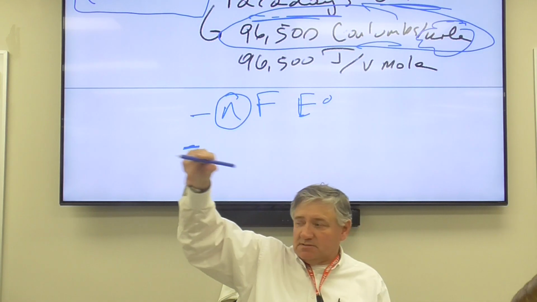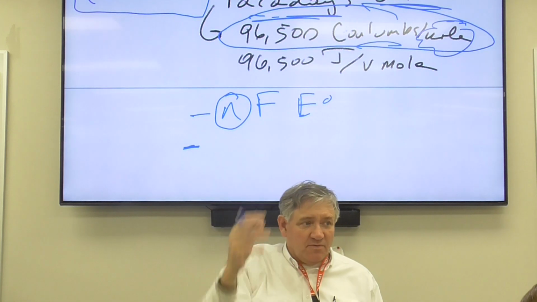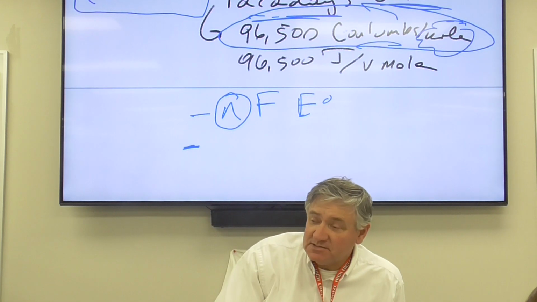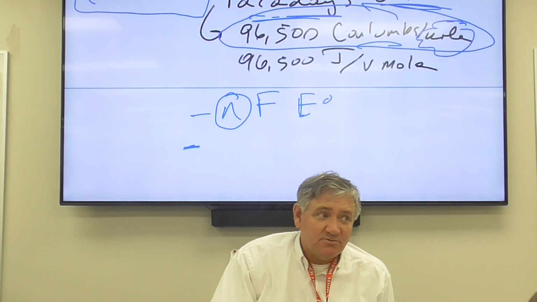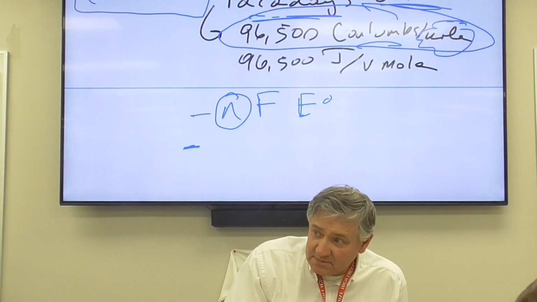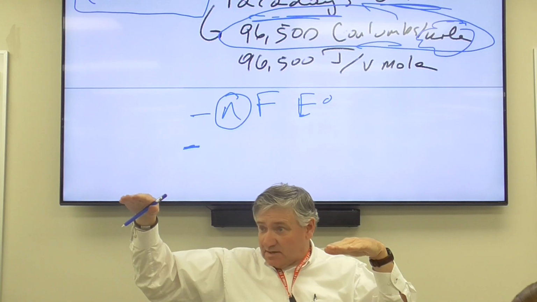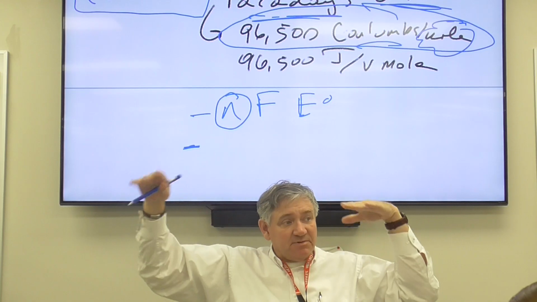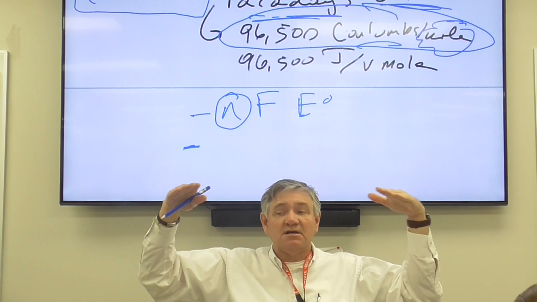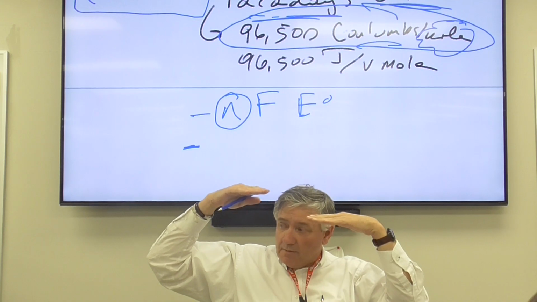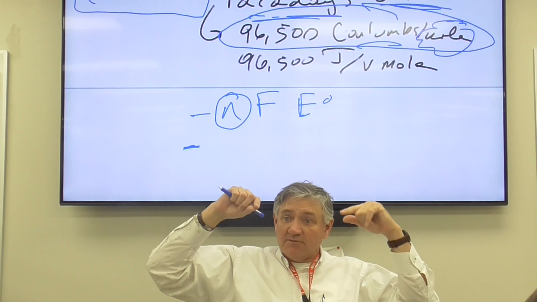That n has to, listen to me, has to come from the overall balanced reaction. This is always going to happen with the redox reaction, because something has to be reduced, something has to be oxidized. So this is going to be that least common multiple in terms of the number of electrons.